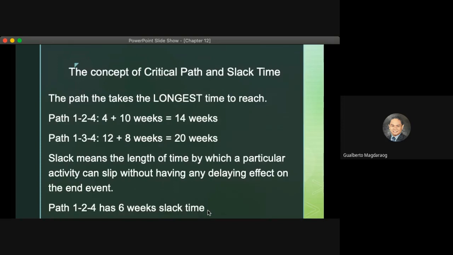And then in PERT system or PERT networks, we need to identify the critical path and how to determine which activity has a slack time. So critical path is the longest path in the network in order to complete the project.